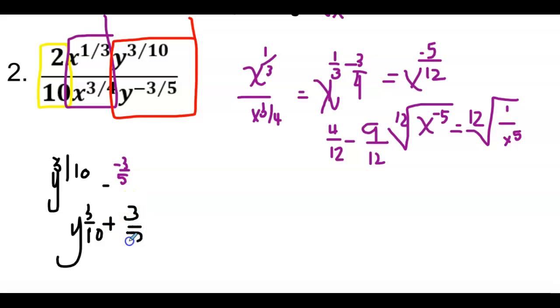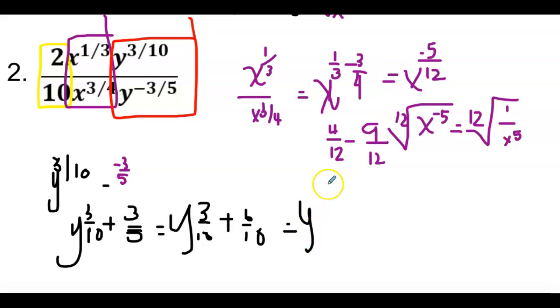And then again, we do need to change denominators so that they're both in denominator of 10. So we get y to the 3/10 plus 6/10, which gives me my y to the 9/10.